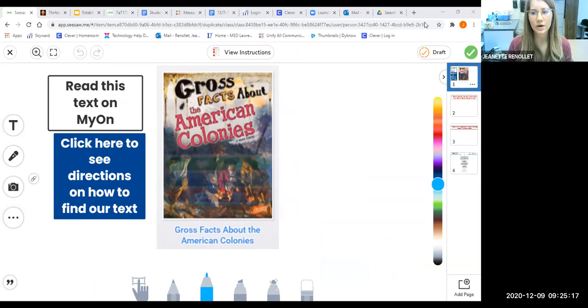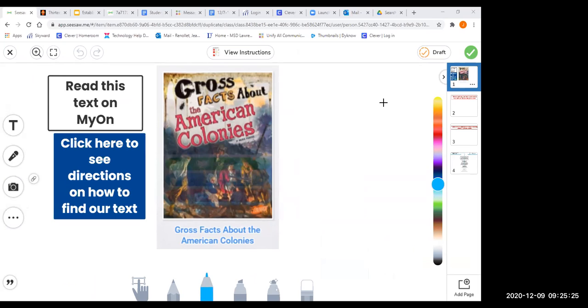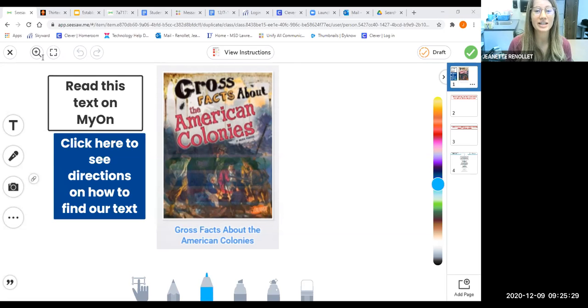The first thing we're going to do is find our text together. Our text is on Mayan. It's called Gross Facts About the American Colonies. Today we're going to watch a video to see how to get to that text.